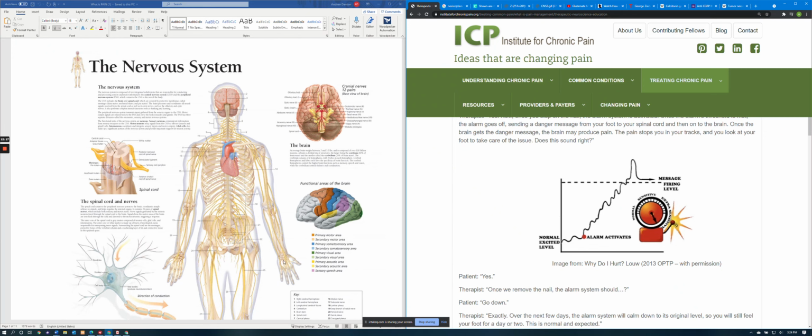So neurons in the body, they have a certain level of electrical excitivity, how excited they are, and they have a baseline. And that baseline can be increased. There can be more electricity if there's certain things that stimulate it, like pressure or temperature or chemicals. And once it gets above a certain threshold, the nerve will turn on.